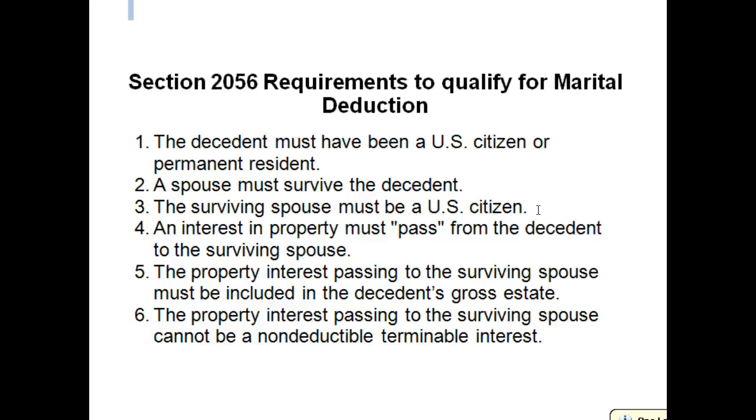I want you to get that. So the QDOT serves only to defer the tax due on the assets passing to that trust until the surviving spouse dies.